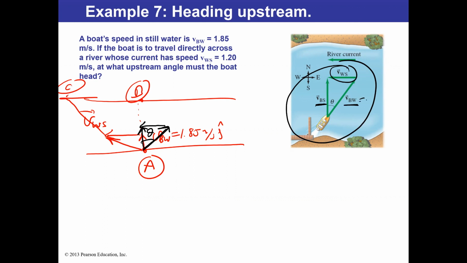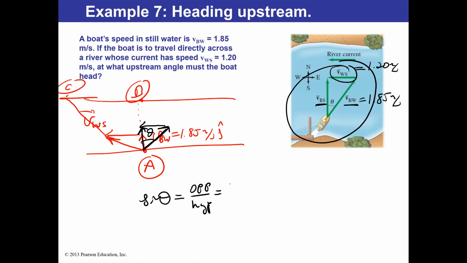We are given that this is 1.85 meters per second, which is the hypotenuse, and this is 1.2 meters per second, which is the opposite. That means we can use this information to find the angle that the boat makes with the normal. Since we are dealing with the hypotenuse and opposite sides, we can use sine of theta, which is opposite over hypotenuse.